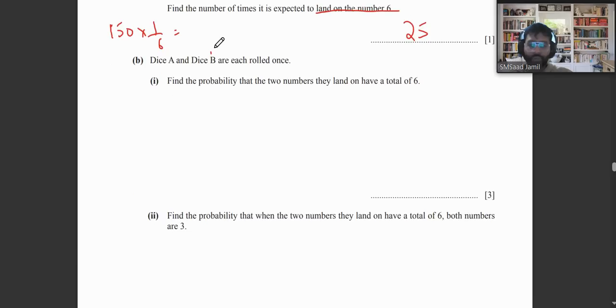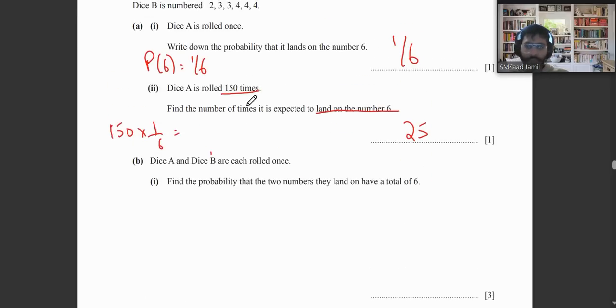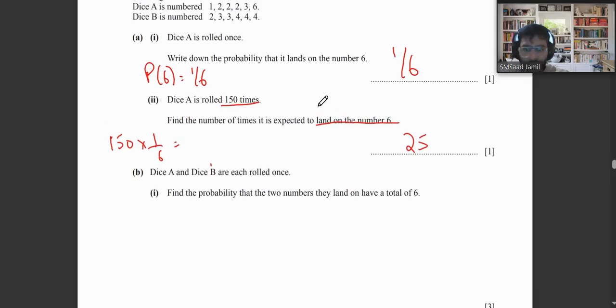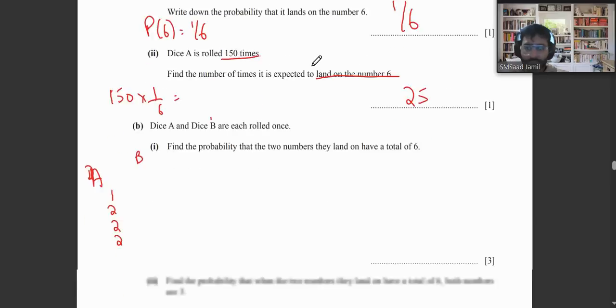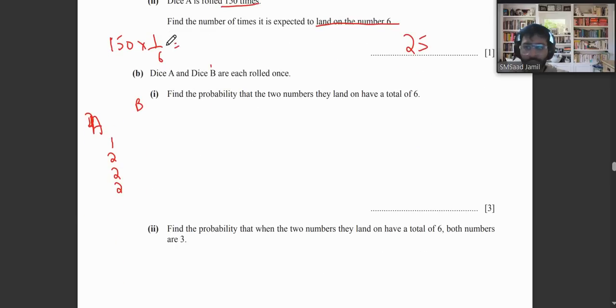The best way to do this question is right over here. Dice A, let me write A and let me write B over here. So A is basically 1, 2, 2, 2, 3, 6. Let me write it a bit better: 1, 2, 2, 2, 3, 6.